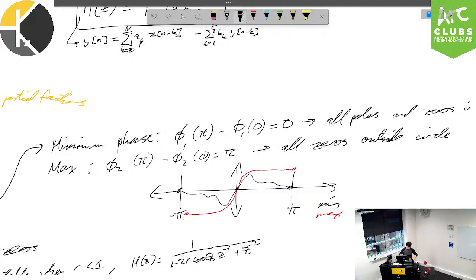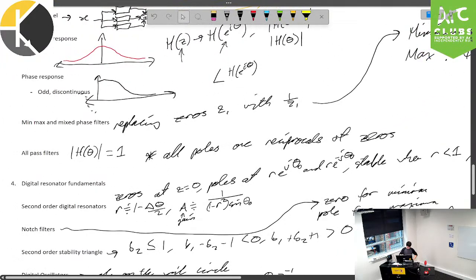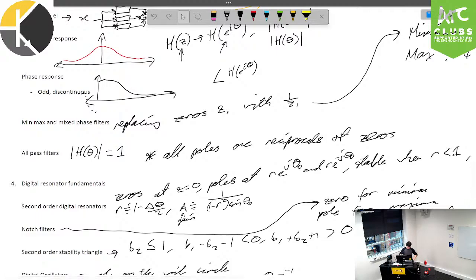And then you have mixed ones in between. All right? Fantastic. And then this brings us to the concept of all-pass filters. By recognizing that having zeros replaced with their reciprocals, our magnitude response remains the same, what we can consider is functions where they have poles and zeros within the same manners of regions.